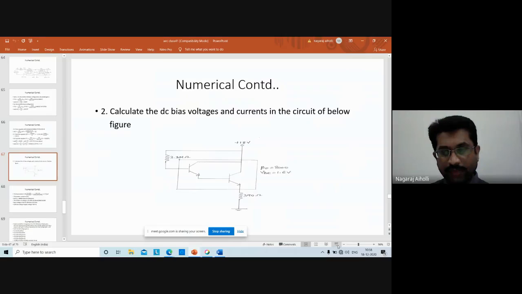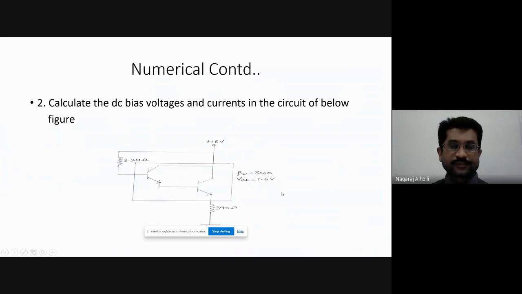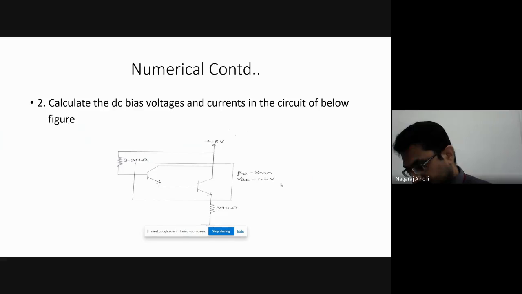Take down this numerical quickly. Is it noted down?